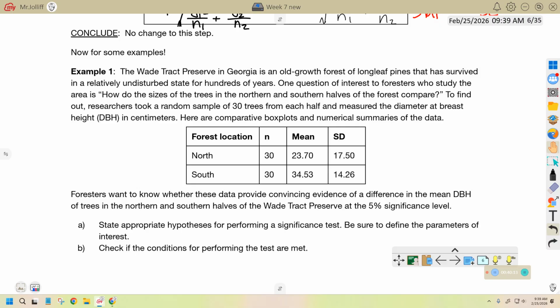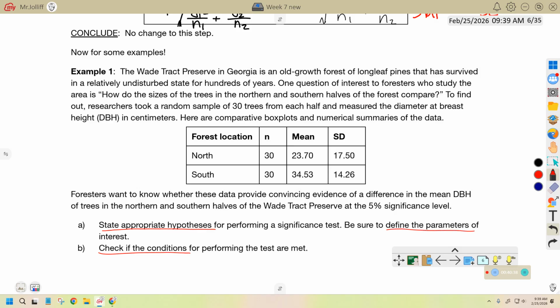First question after we do our first read is, what the heck is it asking us to do? And the answer is not build a confidence interval or perform a significance test. State hypotheses, check conditions, define parameters.